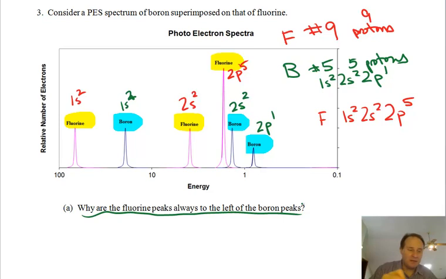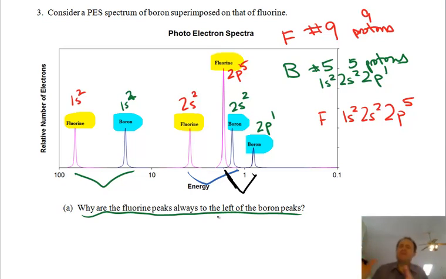What we mean is, why is it the 1s2 of fluorine is to the left of boron? For the 2s2, why is the fluorine to the left of the boron? And then again, if you want to compare the 2p5, the 2p5 is to the left of the 2p1 for boron.